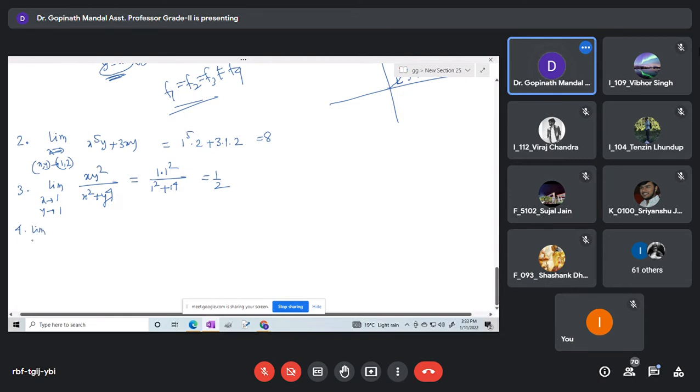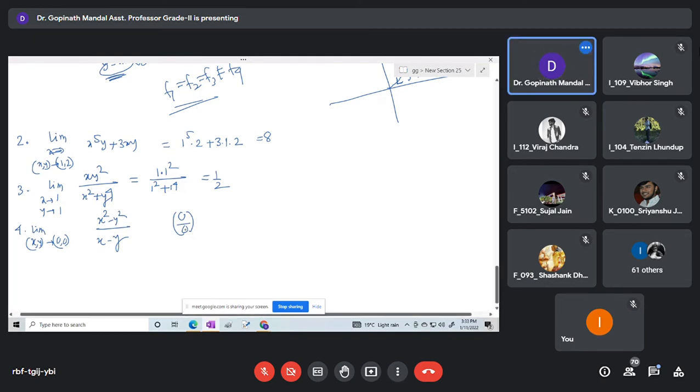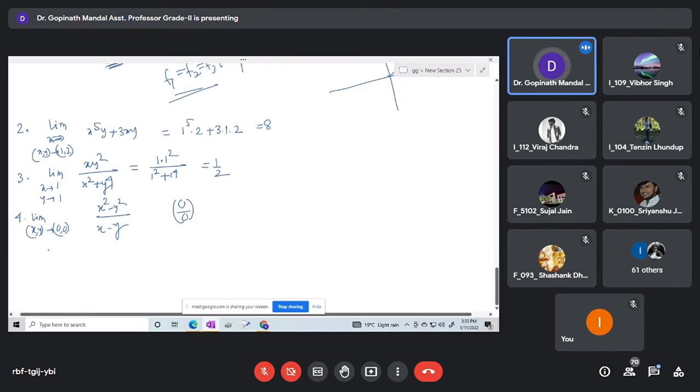Now find the limit xy tends to 0, 0, of x squared minus y squared over x minus y. If we put x equal to 0 and y equal to 0, the form will be 0 by 0 form. Yes, sir. So first we find the limits f1 and f2.